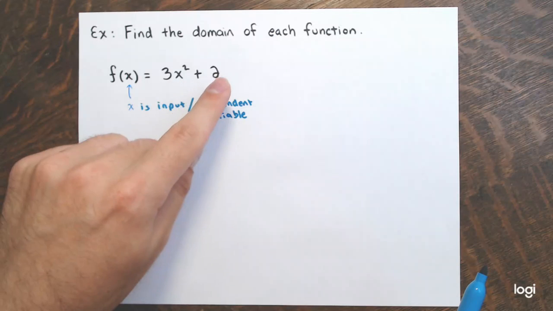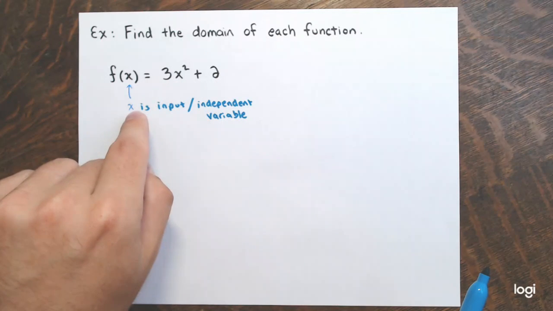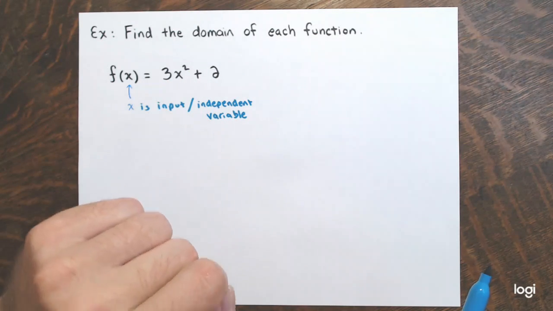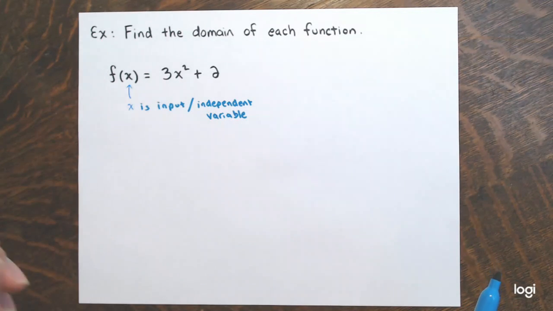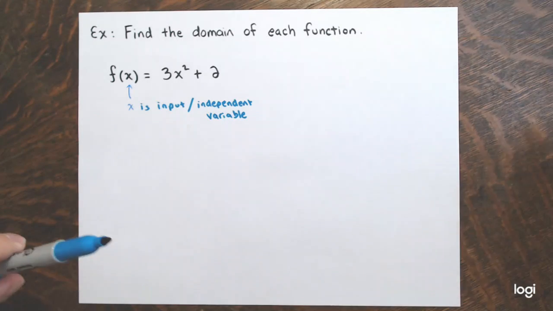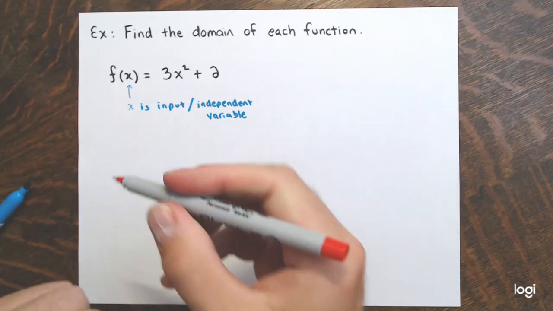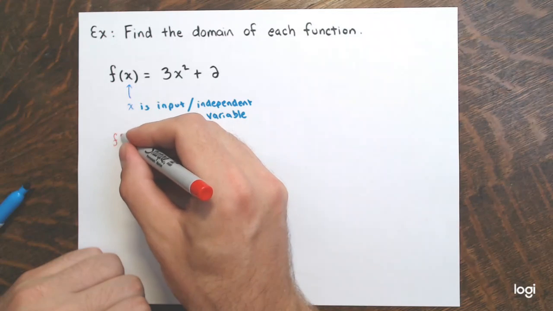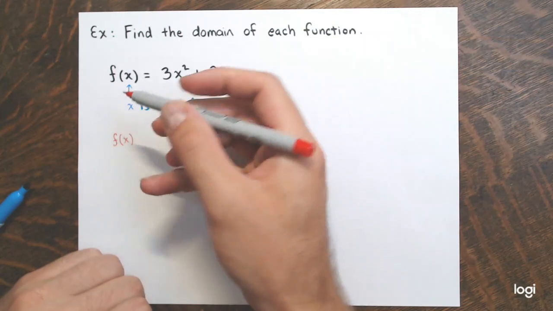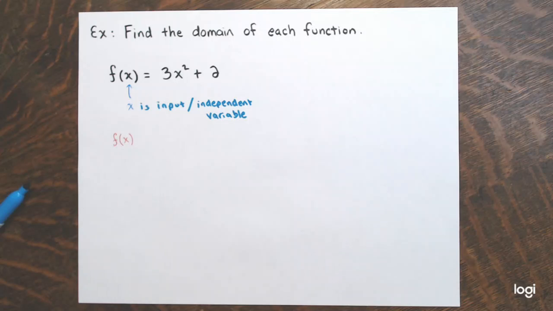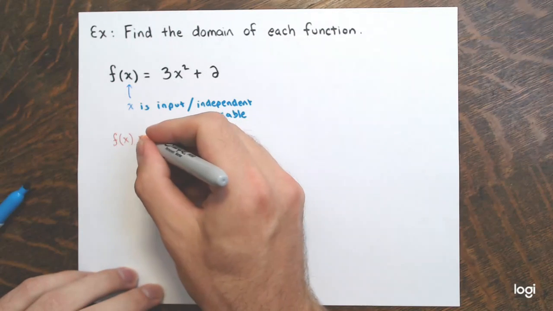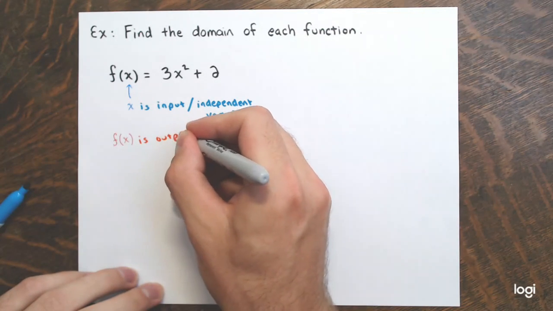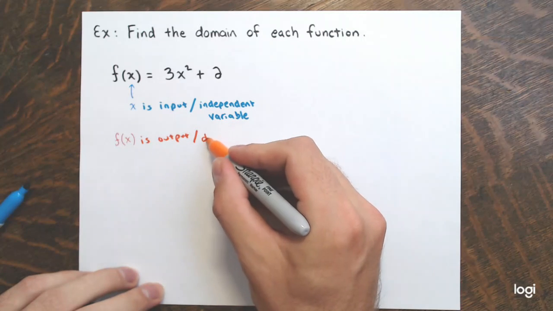Over here is how a value from the domain, how an input, corresponds to a value in the range. How we take a value in the domain and calculate its corresponding value in the range. So x is the input, and then f of x itself, that entire thing, represents basically the output, or sometimes it's interchangeable with the y coordinate. Might also just be called y, but this is the output/dependent variable.